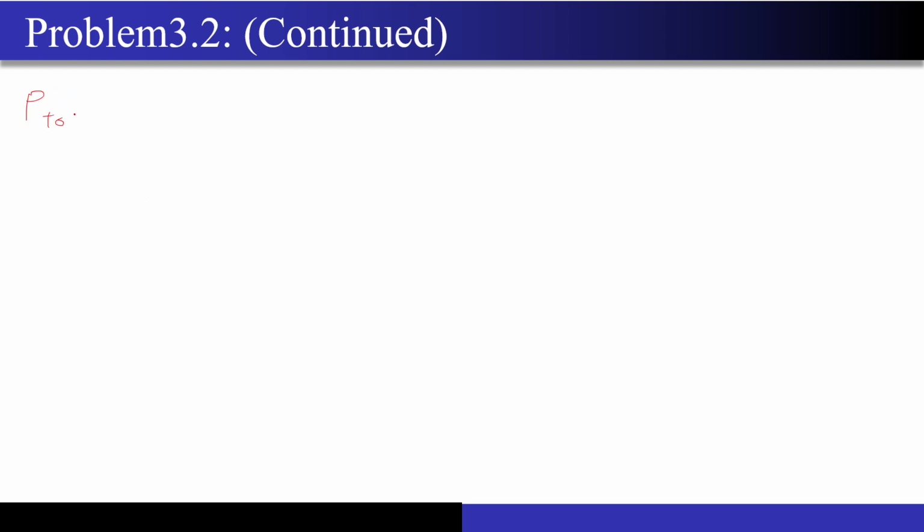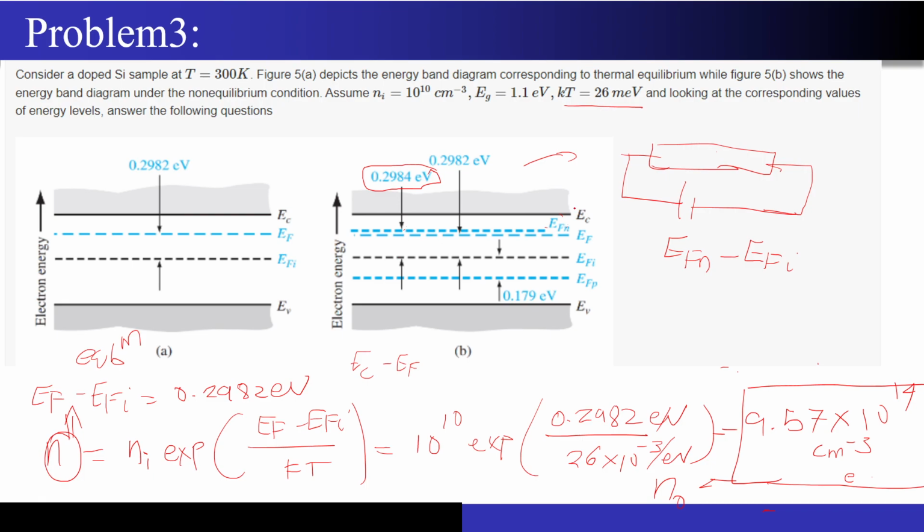For p total, again I have to use the formula ni times exponential of (EFi minus EFp) divided by kT, correct? And again you have to go back and see what this level is that has been given. If you go back and see, this EFi minus EFp has been given as 0.179 electron volts, right?